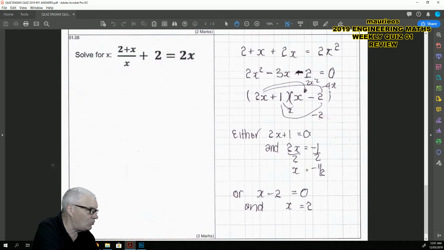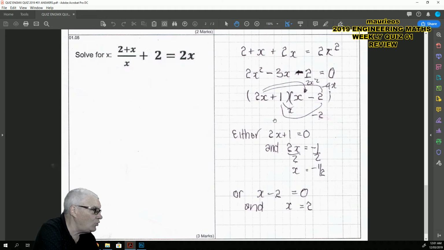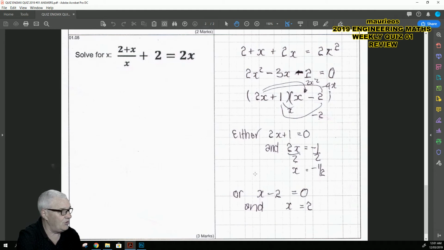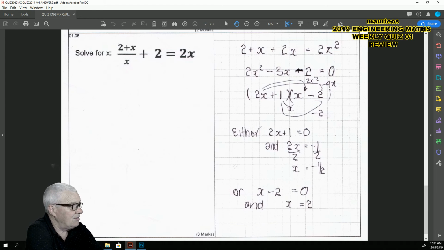So that's one option because we've got two factors, and the other option is that x minus 2 equals 0, and easy peasy, x equals 2. So there's our answer: x equals negative a half or x equals 2. Either one of those will make that statement up the top true. All good.